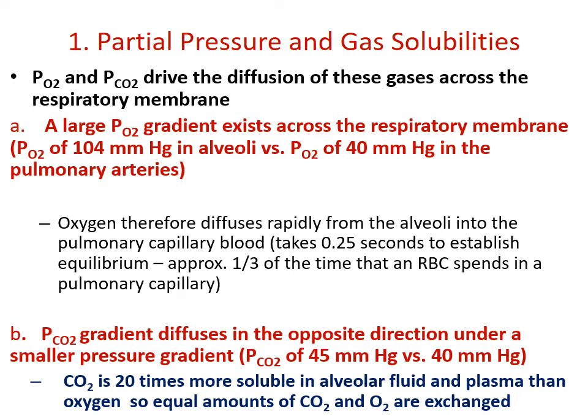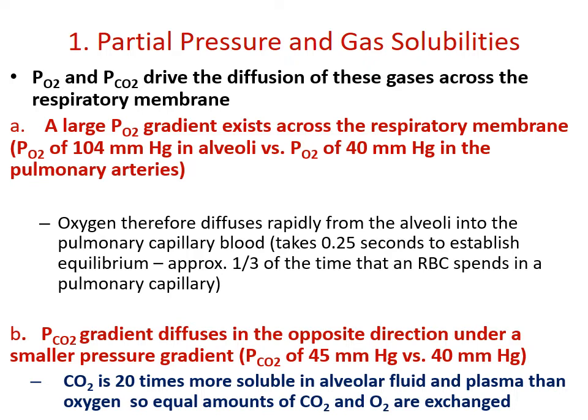As soon as the oxygen diffuses rapidly from the alveoli into the pulmonary capillary blood, within 0.25 seconds an equilibrium is attained. That means all the oxygen that is entering is immediately equilibrated with the RBC.